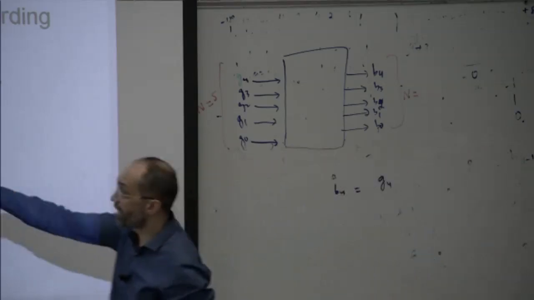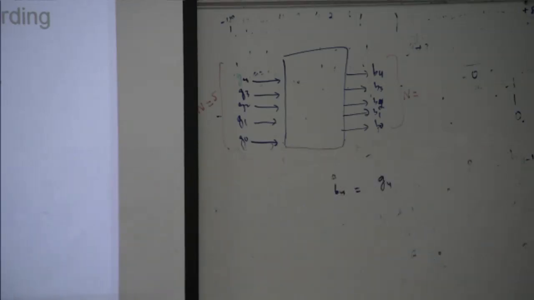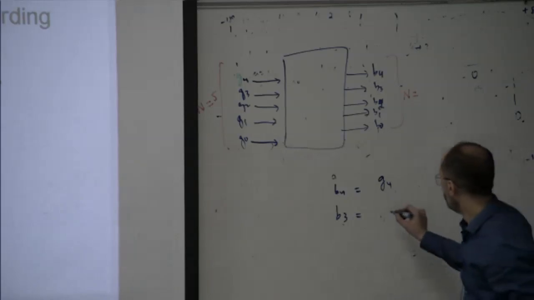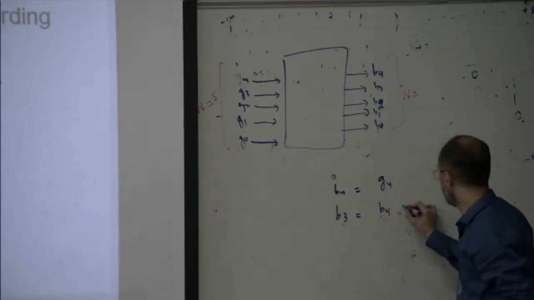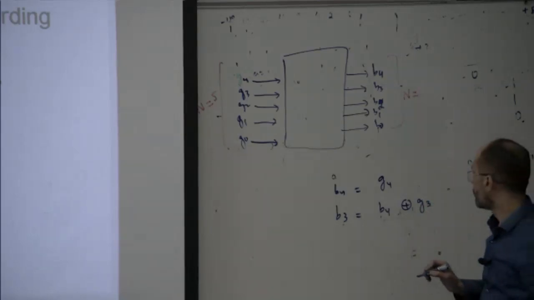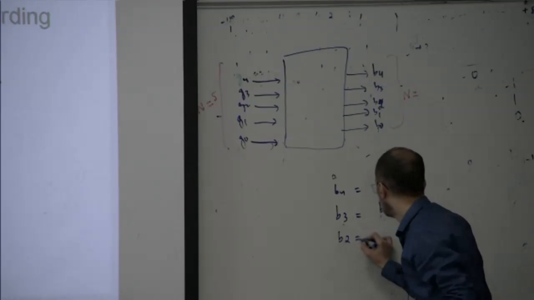The input is the Gray code and we retain the MSB, so B4 is equal to G4. Got it? Now how can we get B3? B4 exclusive OR G3. Got it? Then how can we get B2?